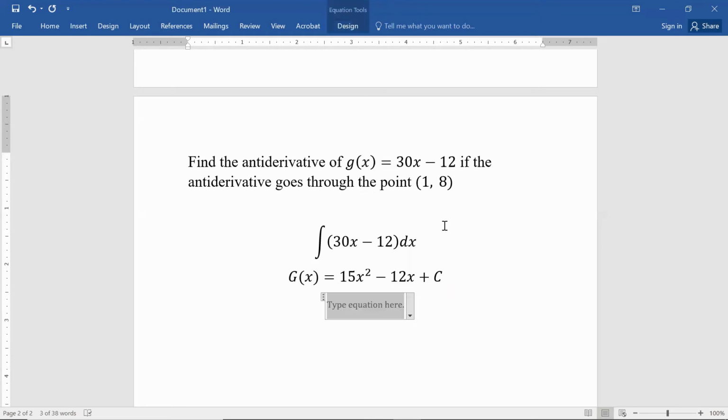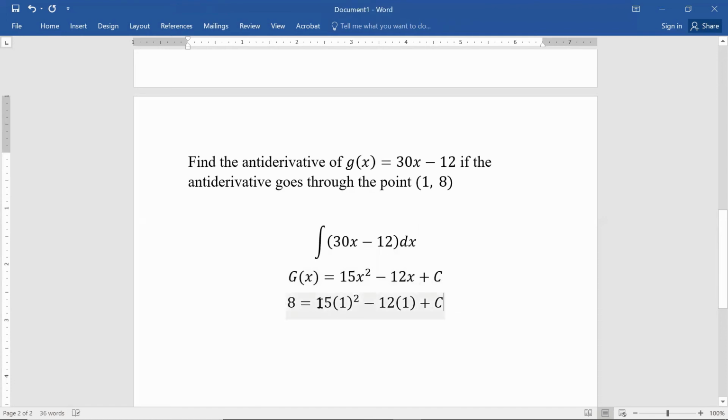We know this point will work in our equation, so we plug it in. The output is 8 when the input of x is 1. So I replace every x with a 1. 1s are pretty nice too, because 1 squared gives you 1, and 1 times anything is itself.